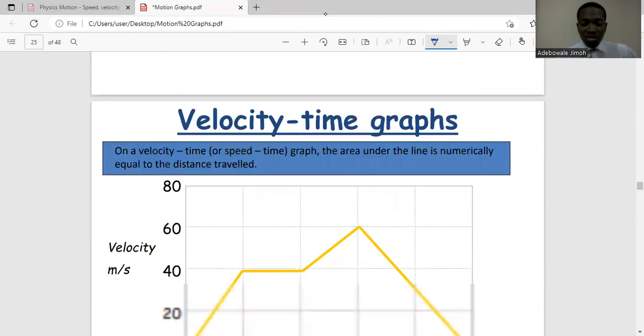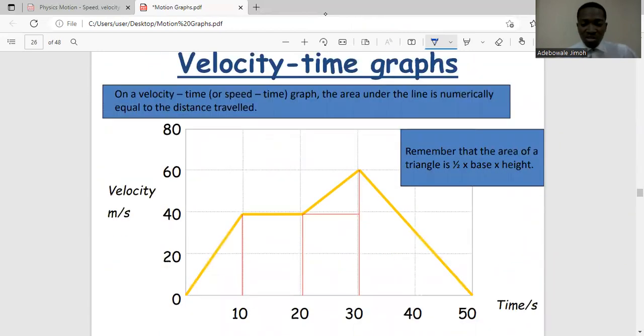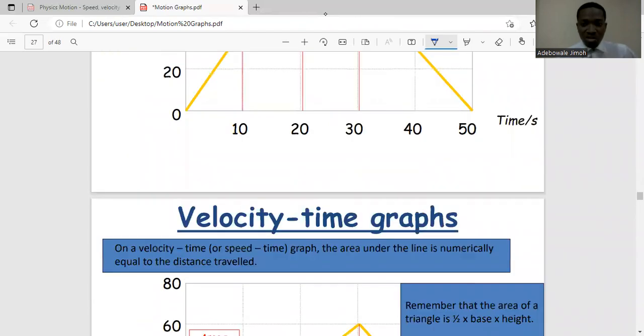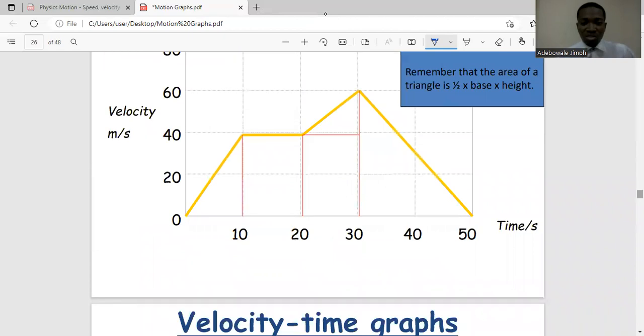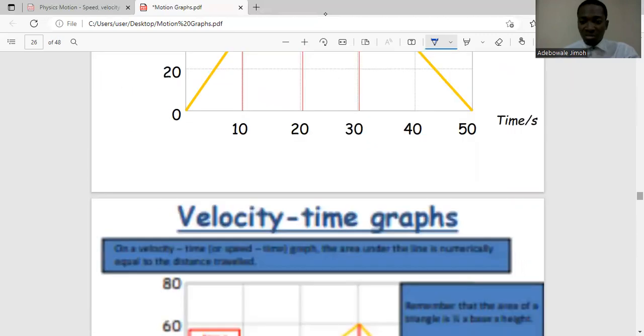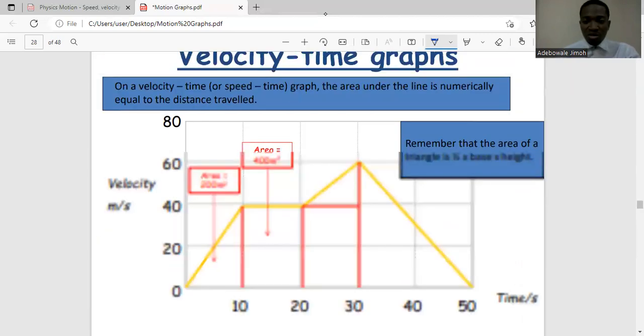All I've talked about so far is what they are still talking about on the graph. So I just want you guys to take notes that for the velocity time graph, the vertical axis is the velocity and horizontal axis is the time. Yeah. So that's it.